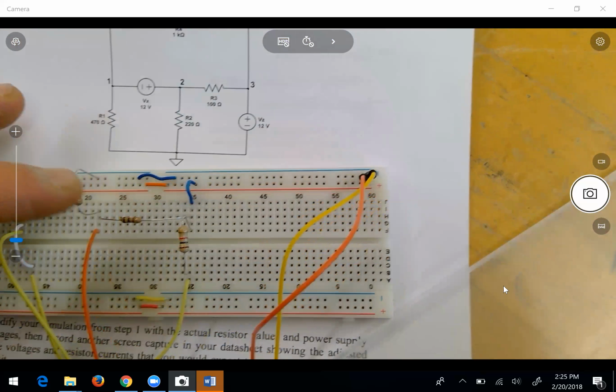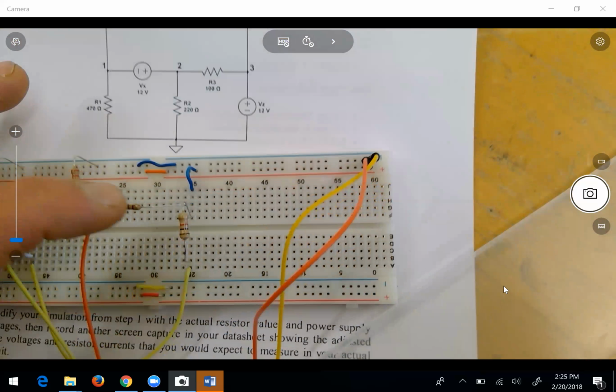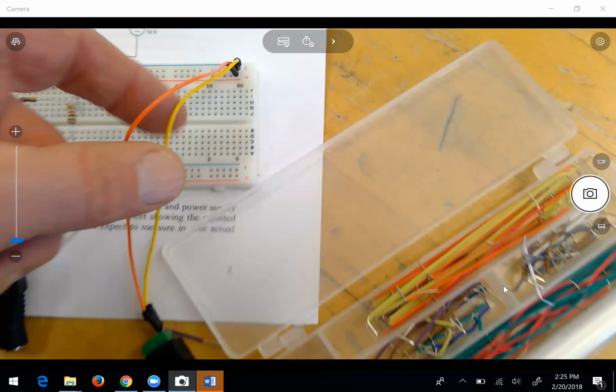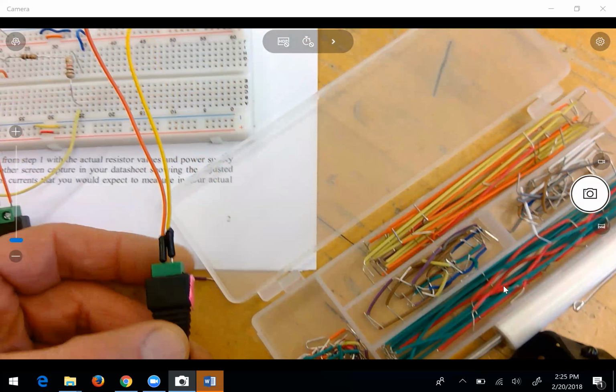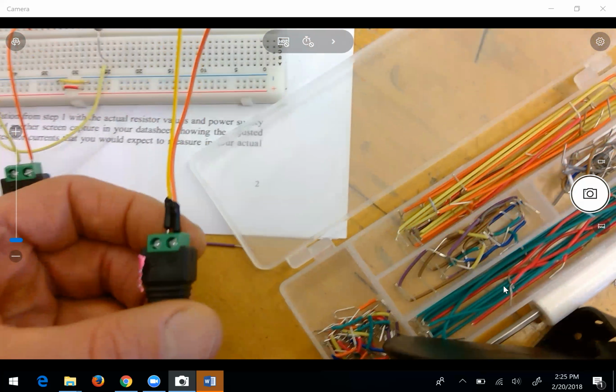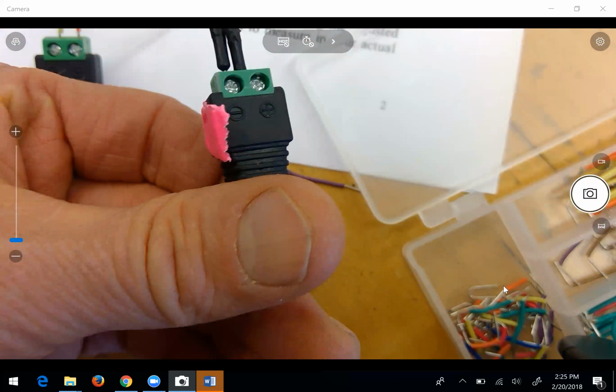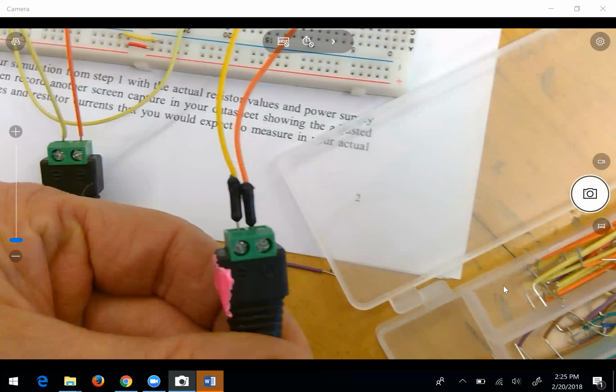And you have a resistor to node 3, which is going through 12 volts, which is... positive is the orange. Yes.